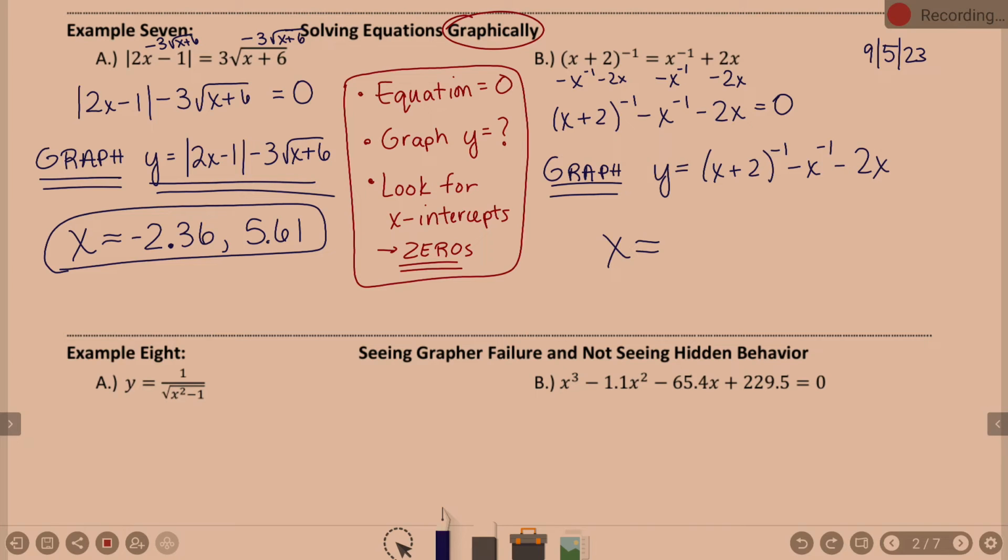We're going to do parentheses x plus 2 in parentheses raised to the power of negative 1. We'll move out of the power: minus x raised to the power of negative 1 minus 2x. Then I'm going to graph it.